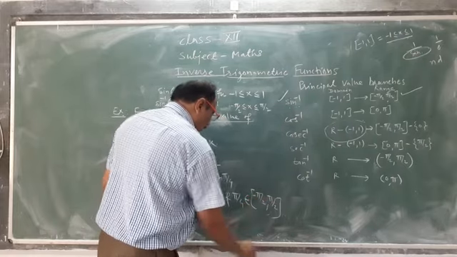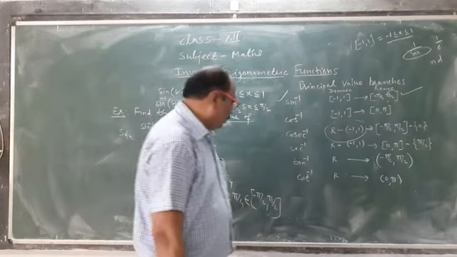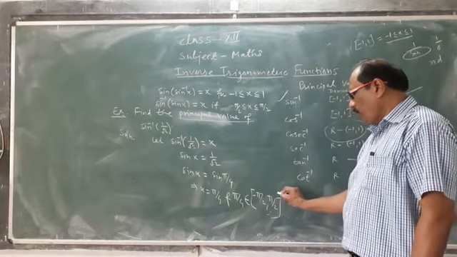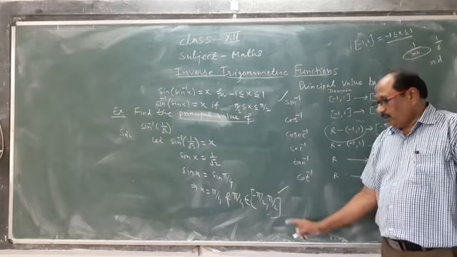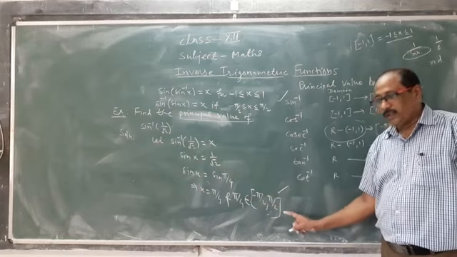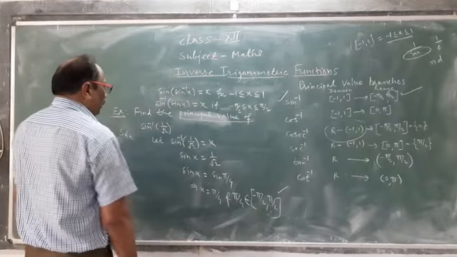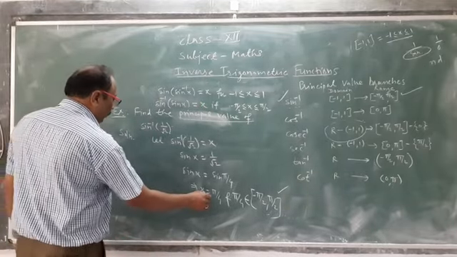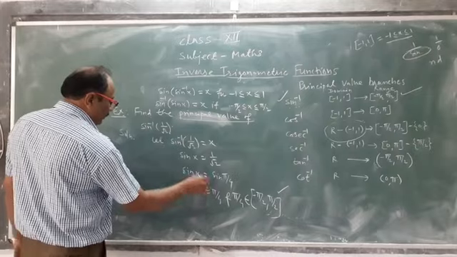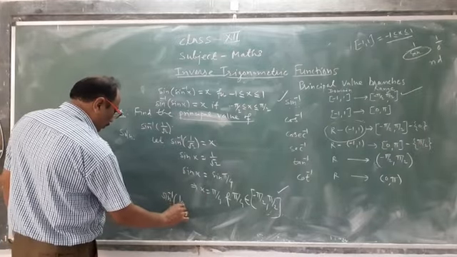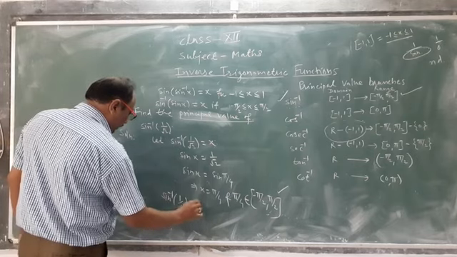This point is very important. If it belongs to this interval, then and only then we say pi by 4 is the principal value. So sin inverse of 1 upon root 2 is equal to x, which is pi by 4.